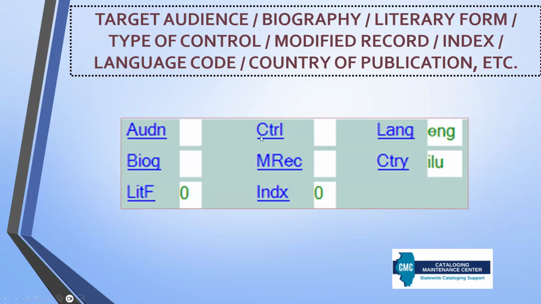None of these examples are controlled, so leave that field blank. None of these examples are transcriptions of LC or NLM printed copy, so leave that blank. Index. Sometimes these reports will have an index, but this particular one does not, so it's 0. And the language, text of the document is in English, so English goes here. This was published in Illinois, so ILU goes here.